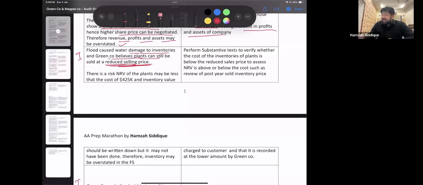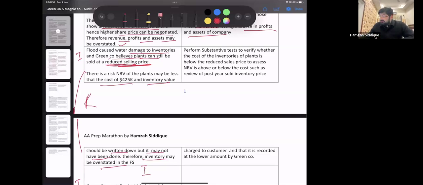So there is a risk that the NRV of the plant may be less than cost, and inventory should be written down, but it may not have been done. Therefore, inventory of plants may be overstated.